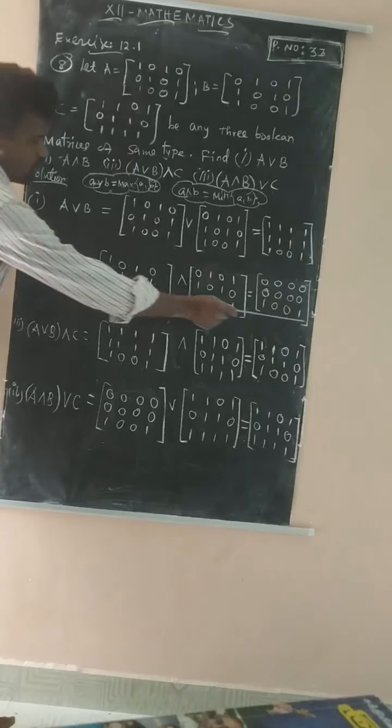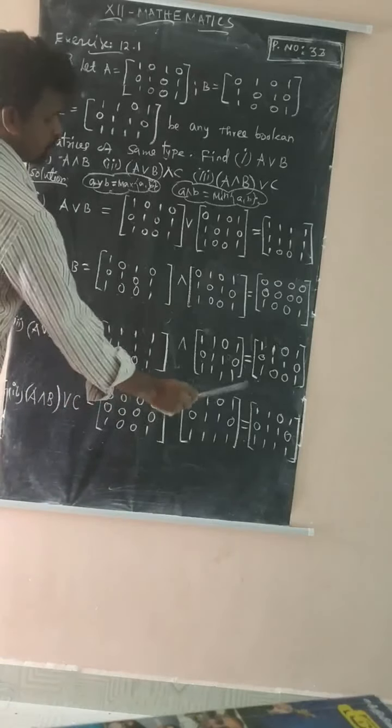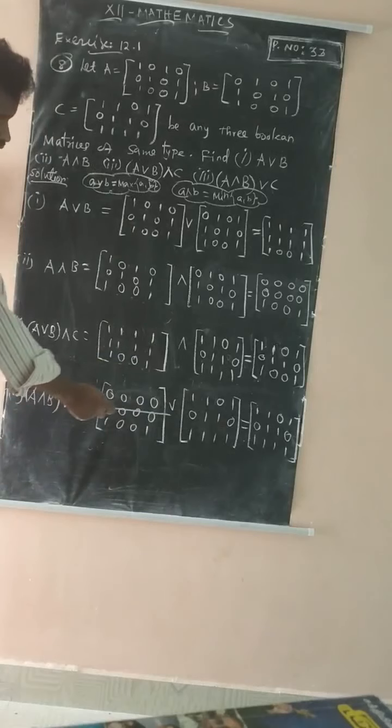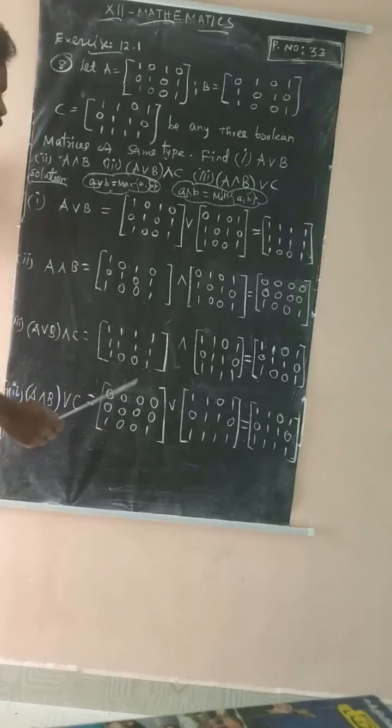And then fourth, A meet B join C. We already solved the second subdivision, so fill it here, with the join symbol and matrix C. Join means maximum.